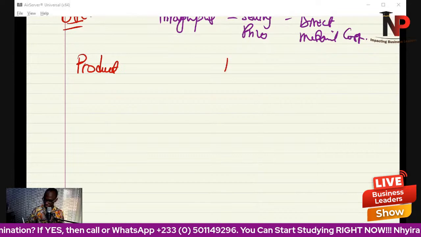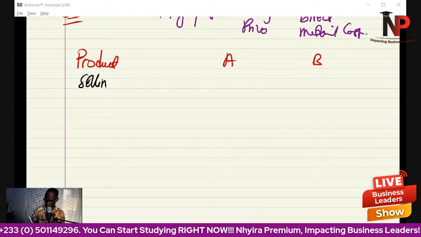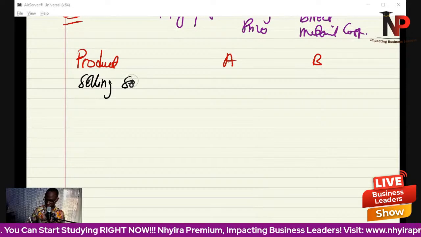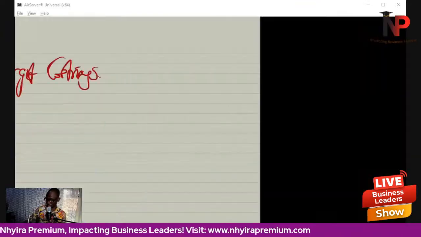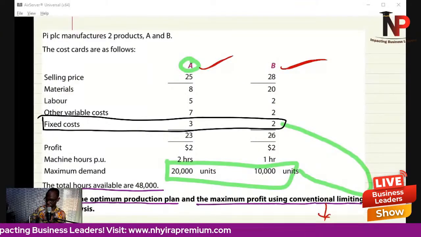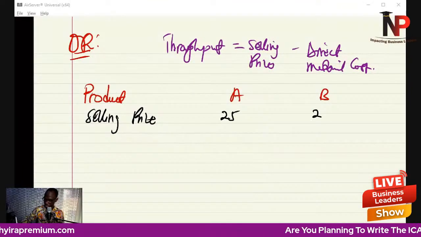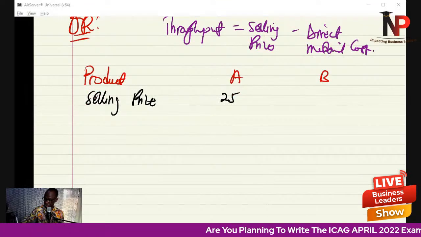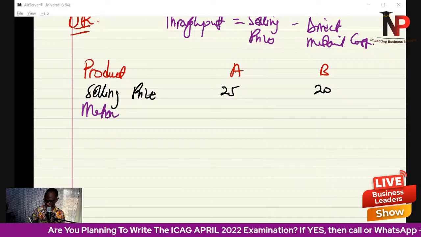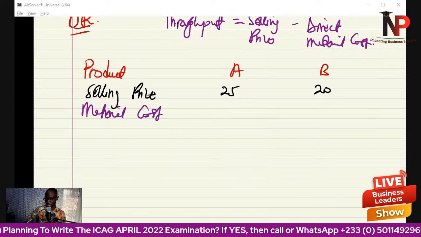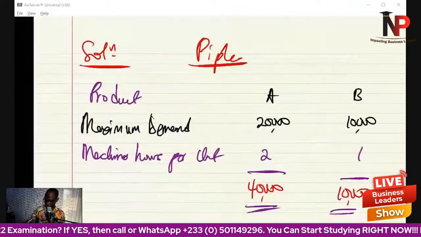So products A and B, bring in our selling price. If we check our selling prices respectively, 25 and 20, then we're going to less the material cost. Let's go pick it up. And that is 8 and 20. Sorry.